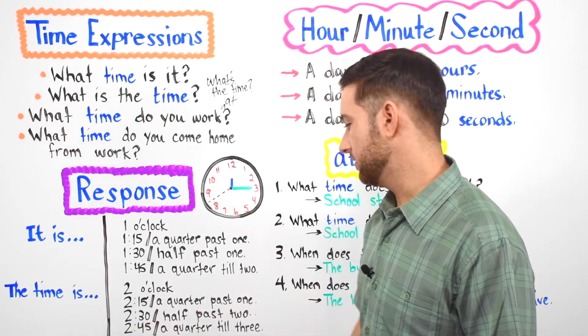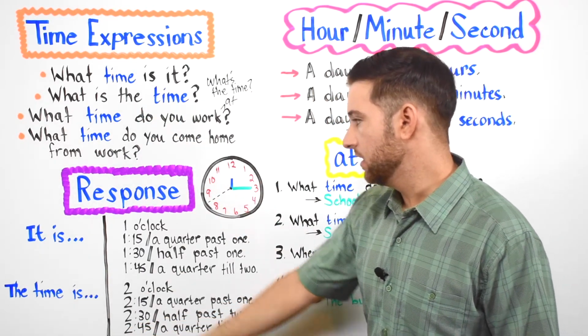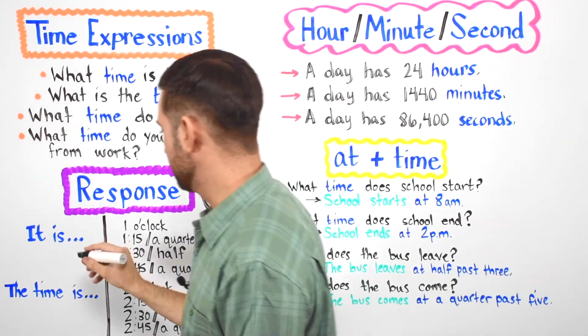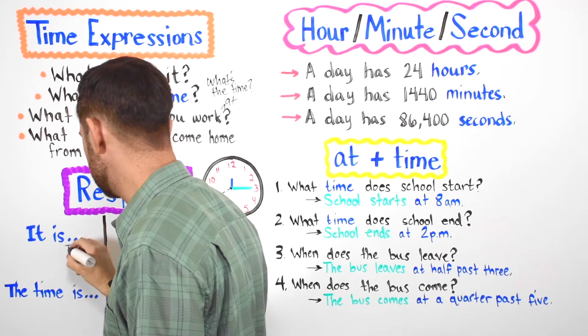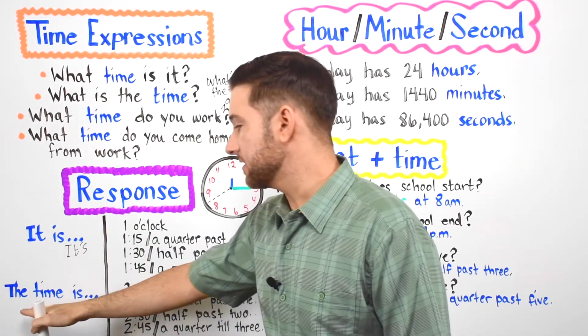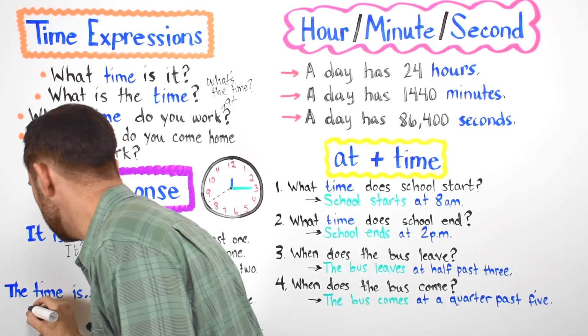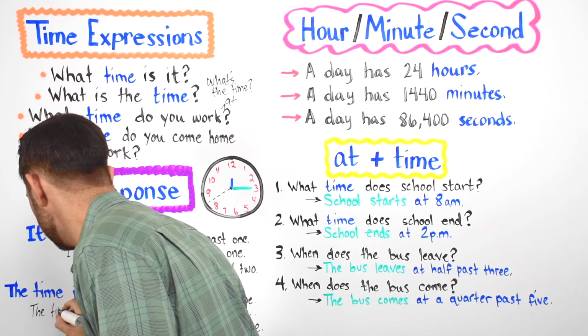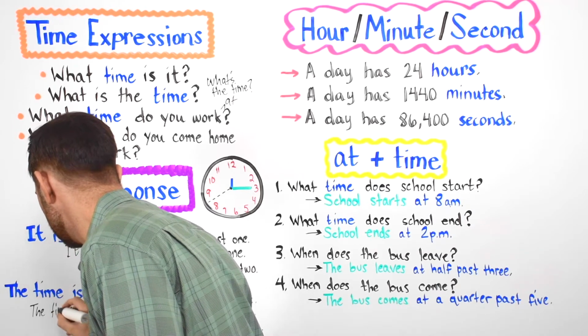What time is it? It's 2:30. Instead of saying it is, you can also say it's. Don't forget, it's with an apostrophe. And instead of saying the time is, informally, you could say the time's.